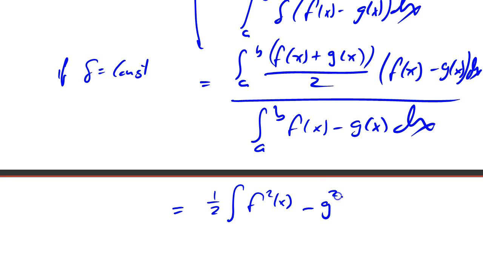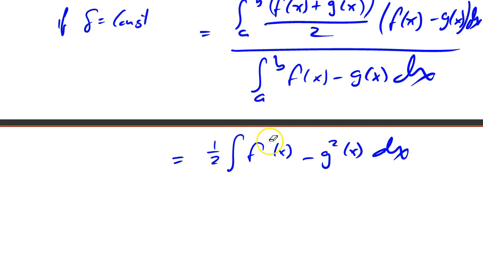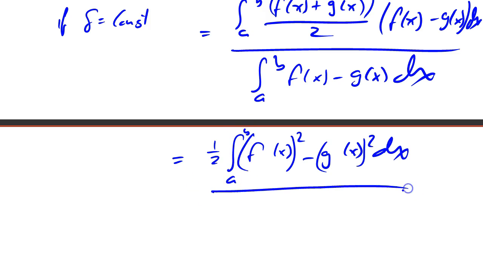So this looks like this. So maybe they'll write it that way. Maybe they'll write it this way, f of x squared minus g of x squared, from a to b, over the area, a to b, f of x minus g of x dx.